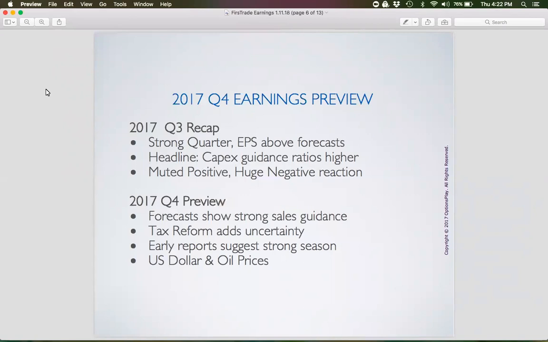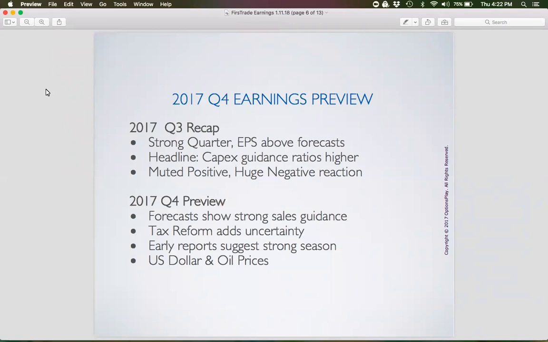They see strong growth overall in terms of GDP. These are the types of times when companies will invest in helping grow their companies. So we saw that as an interesting guidance that we didn't see for quite some time. We didn't see companies spend more money in order to grow. We just saw them cutting costs. So this is an interesting trend that we think will continue going into Q4.